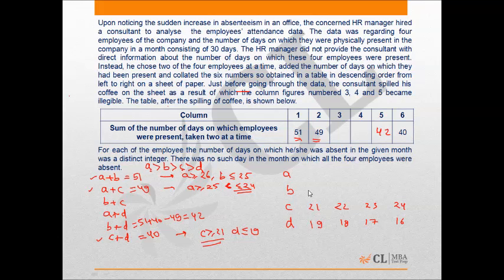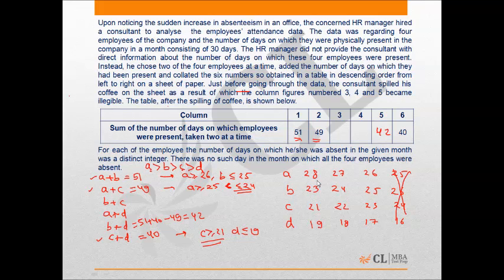Similarly, values of A and B can be calculated. B will be 23, 24, 25, 26 and A will be 28, 27, 26 and 25. Now, the fourth case will be ruled out because A has to be more than B, right? So we are left with only 3 cases here.